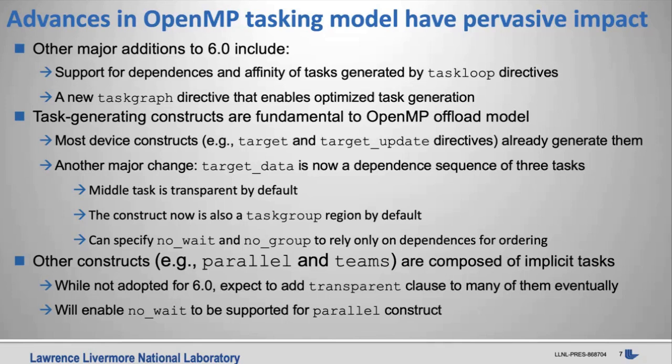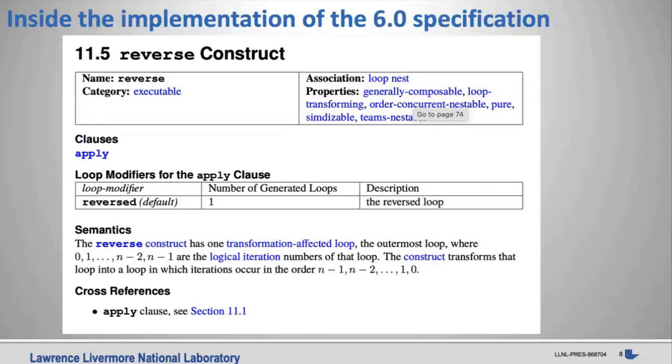That will definitely be added, we expect, no later than OpenMP 7.0, but probably in 6.1. So in a couple of years, the specification will actually support this asynchronous execution of parallel constructs.